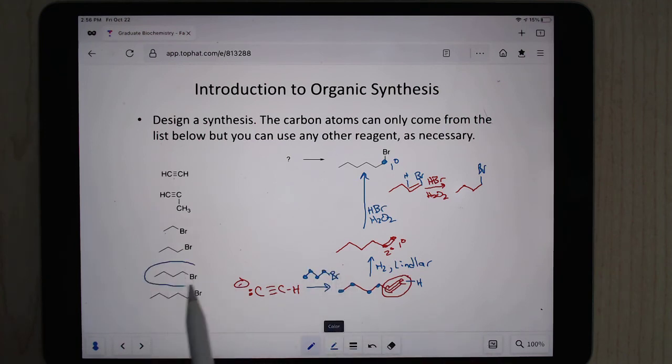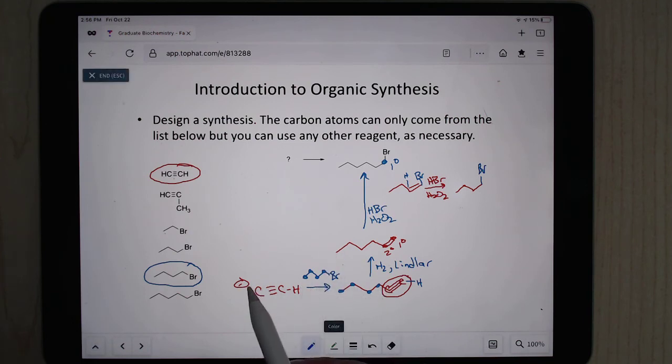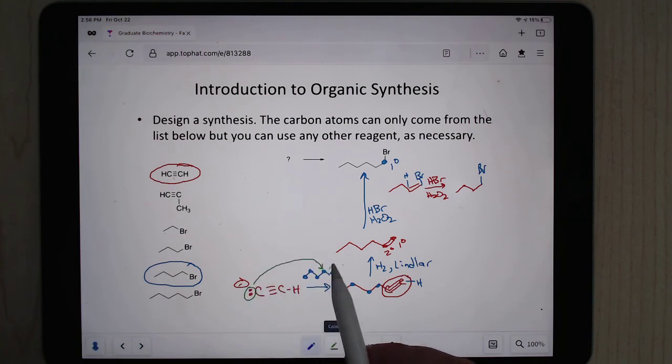Right, we're going to need this 4-carbon piece here, and then we're going to need this piece here. So here are our 4 carbons here. Here's our acetylene, right? And this is where this is going to attack here, kick this away, and so this is where the new bond is going to be.